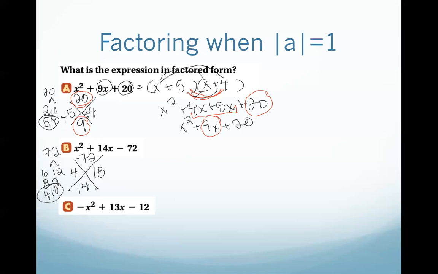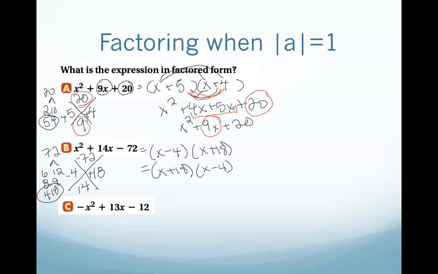So we have 4 and 18. Now, one of them has to be negative, but which one is negative? If I have 18 and 4, and I have to subtract them to get a positive 14, then the bigger number needs to be positive and the smaller one needs to be negative. So this equals x minus 4 times x plus 18, or x plus 18 times x minus 4.